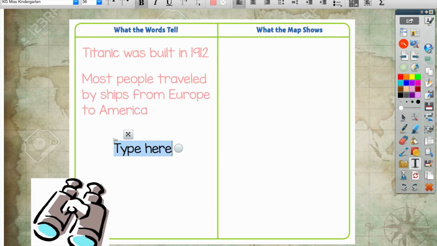Another fact I want to write is that the Titanic was unsinkable. I'm going to put this in quotation marks because we know that that's not true.